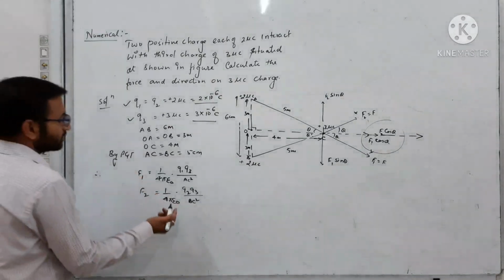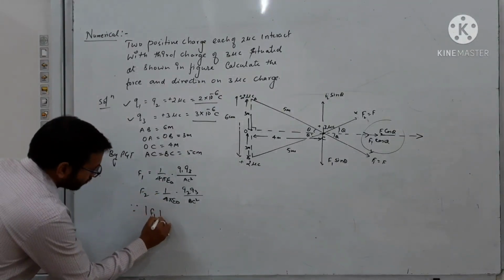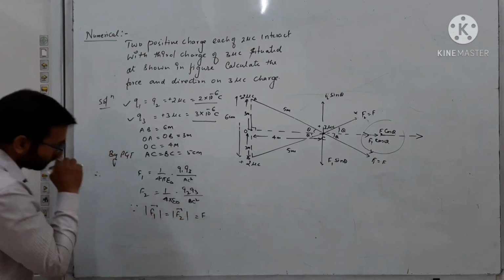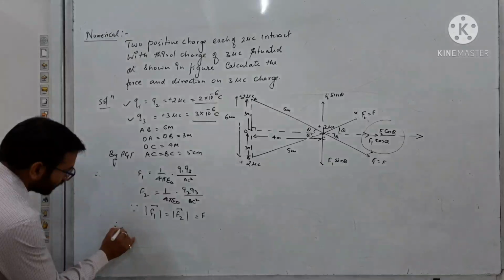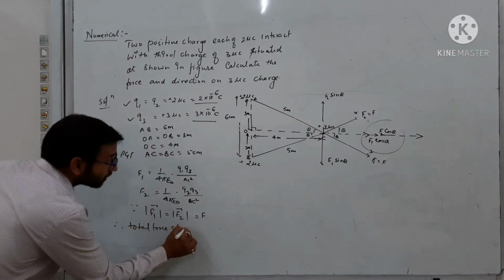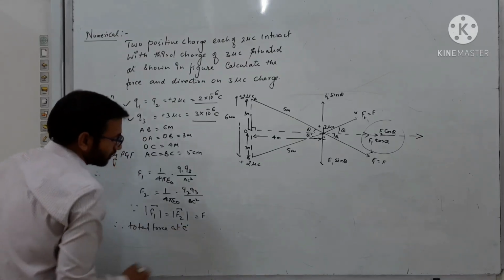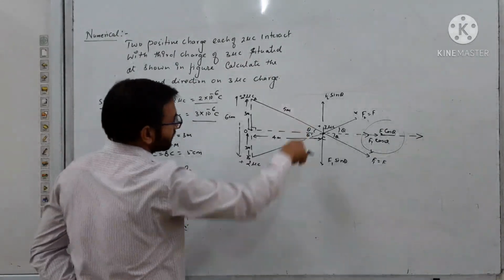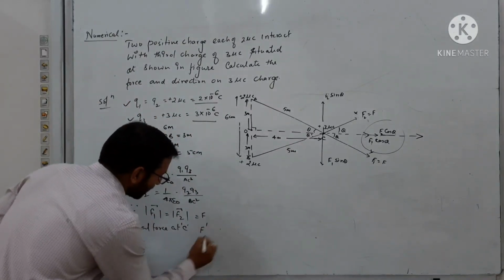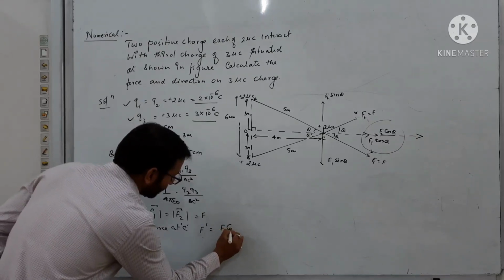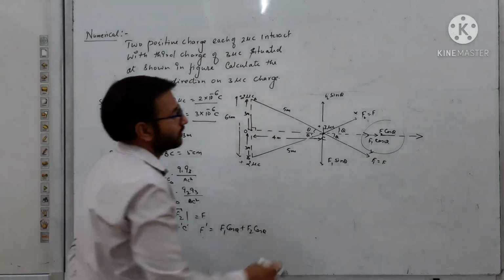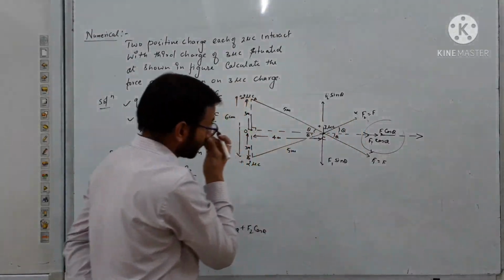Now as we know that F1 and F2 have the same magnitude, it is equal to F. Therefore, for the total force at C, as we know that the perpendicular components cancel each other out, we can write the total force, denoted by F dash, is equal to F1 cos theta plus F2 cos theta after resolving the forces into their two components.